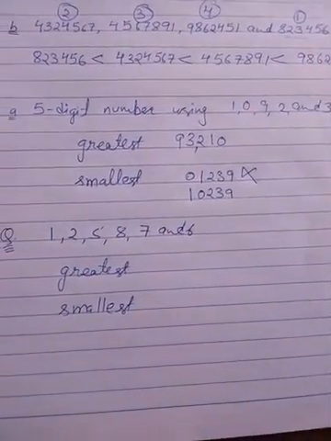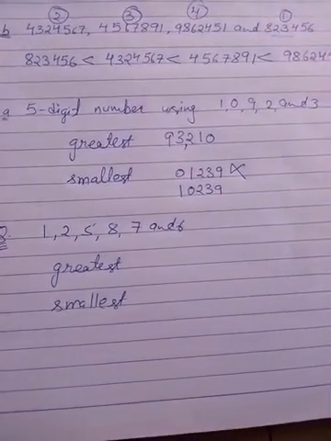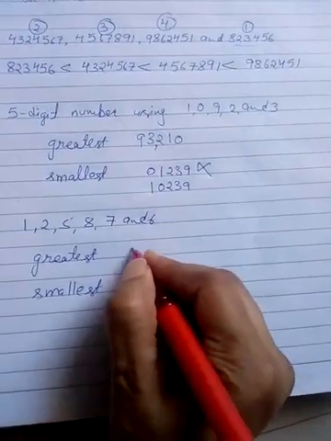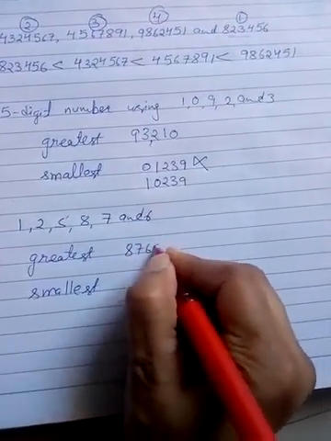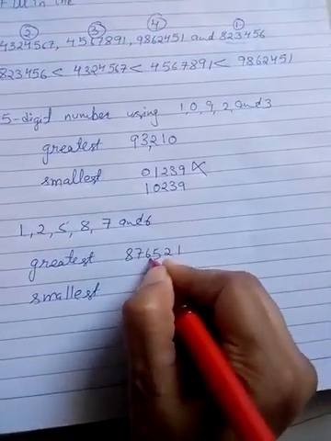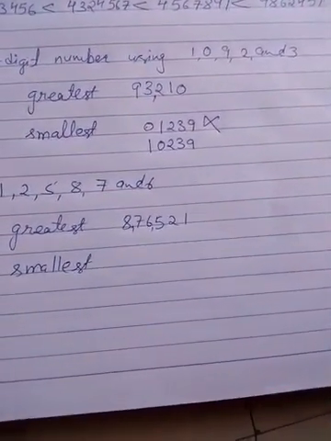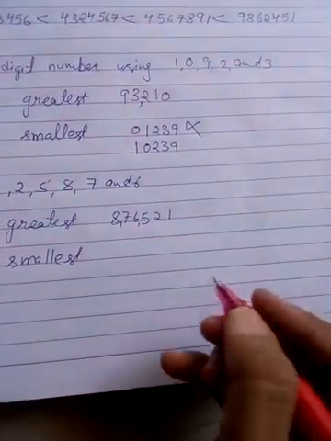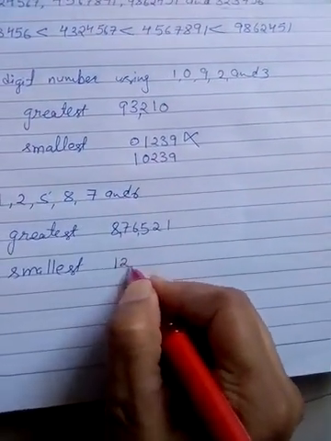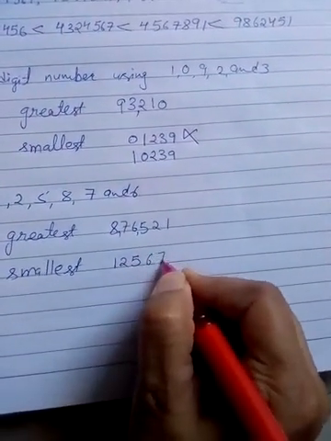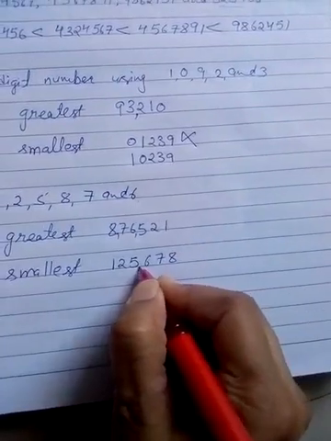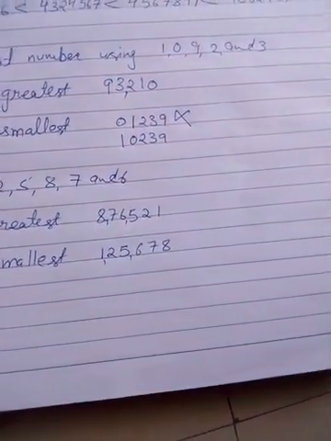For the greatest, just arrange the digits in descending order. That means 8,76,521. And for the smallest, just reverse the digits, sorry. That means 1,25,678.